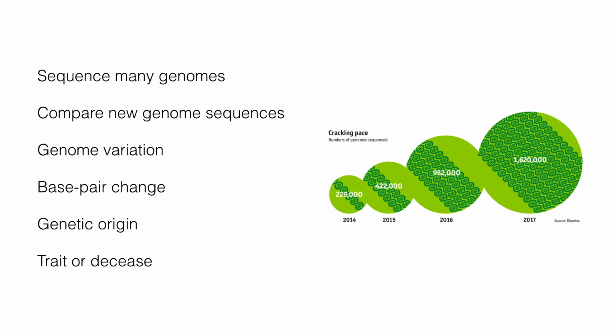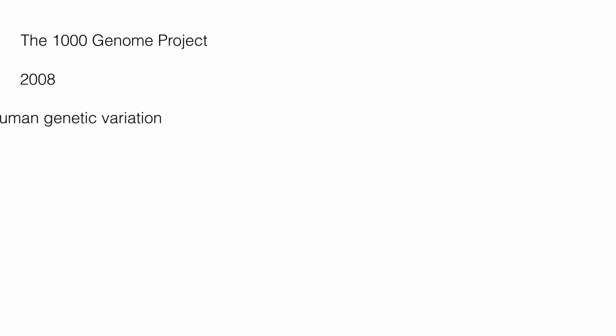The availability of a reference human genome since 2003 has allowed for projects such as the 1000 Genomes Project, which launched in 2008, and it was the first project to sequence the genomes of a large number of people, at least 1000, to provide a comprehensive resource of human genetic variation.